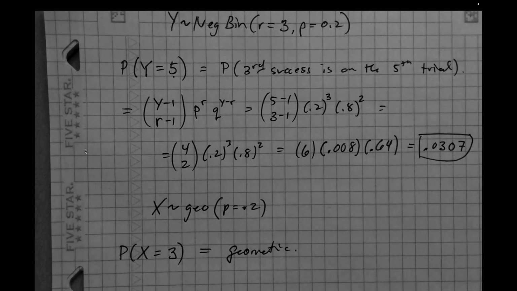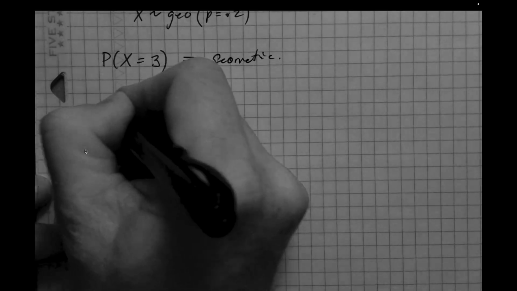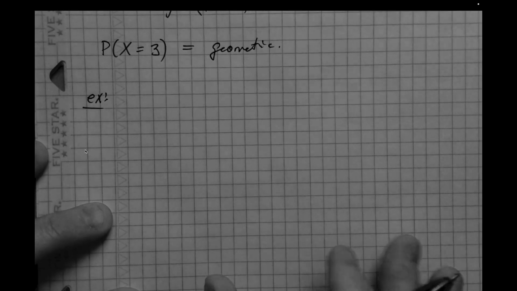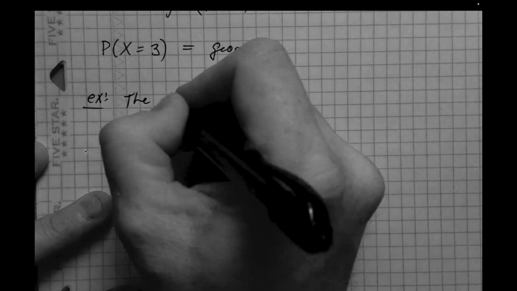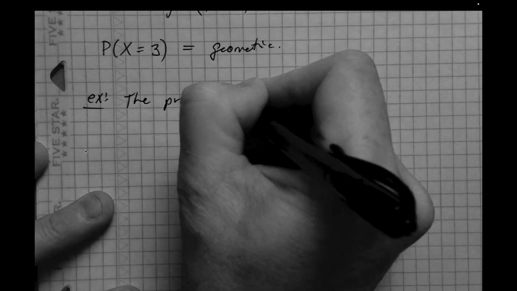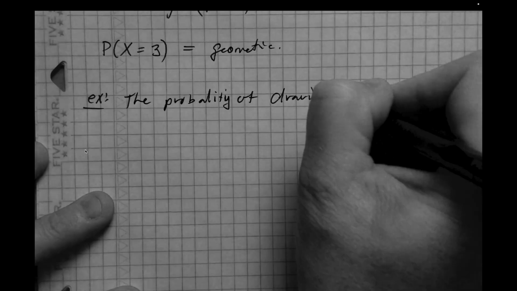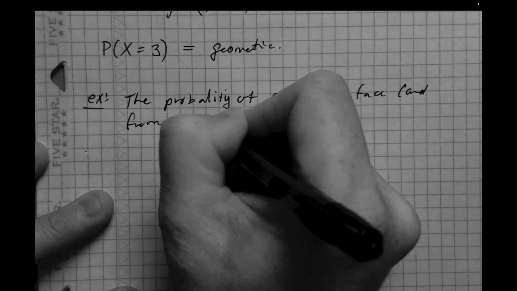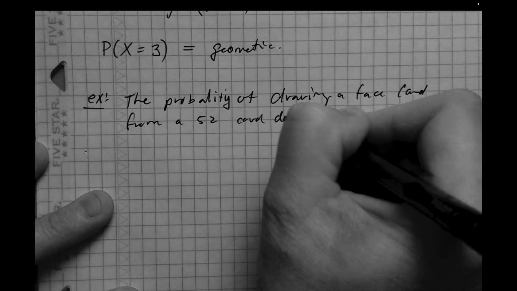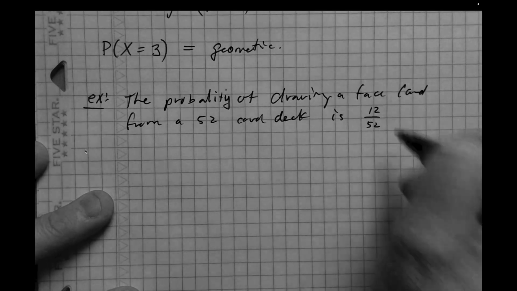All right, very good. Let's do another example. This will be just like a card example. So let's say the probability of drawing a face card from a 52 card deck is 12 in 52.